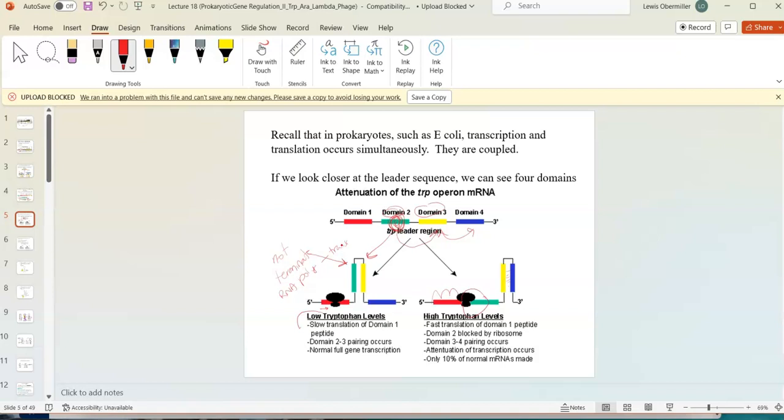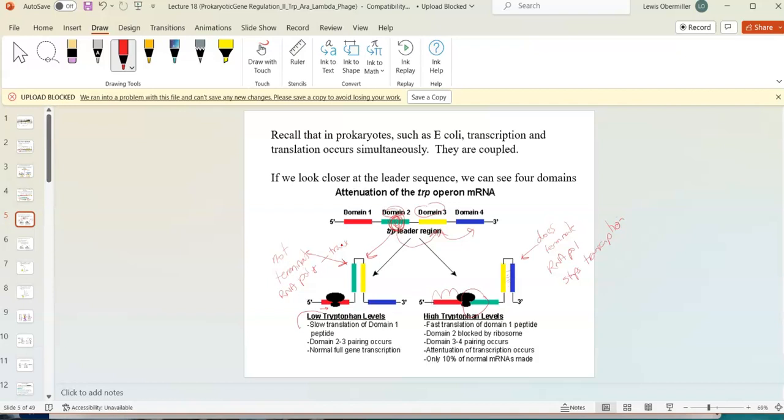So if domains 3 and 4 create this stem loop, then this does terminate the RNA polymerase and it stops transcription.